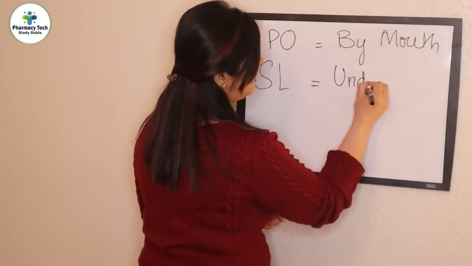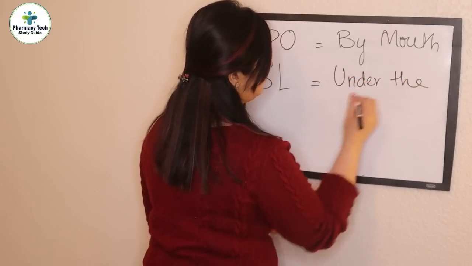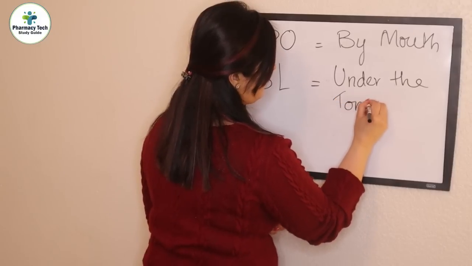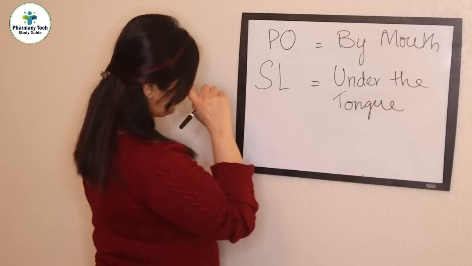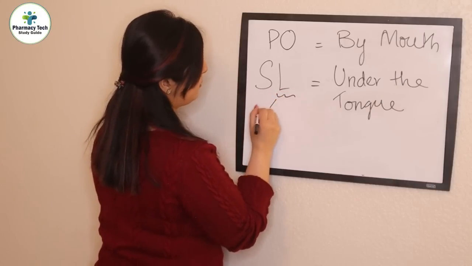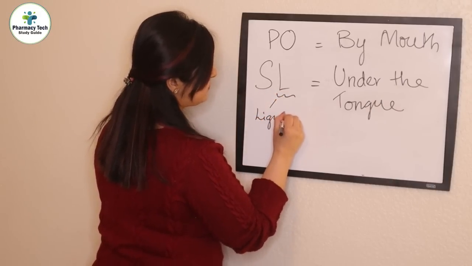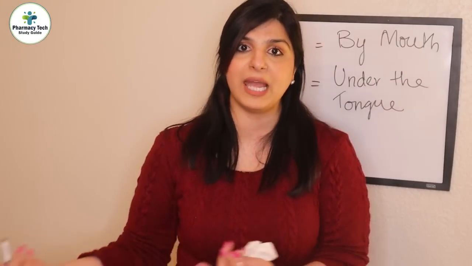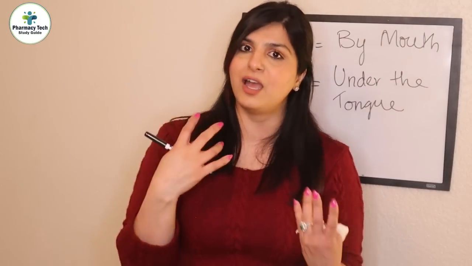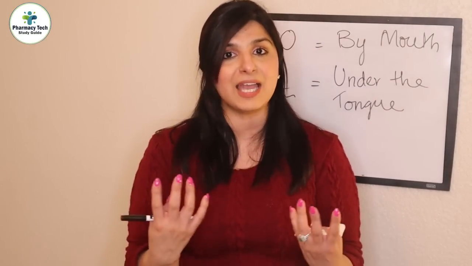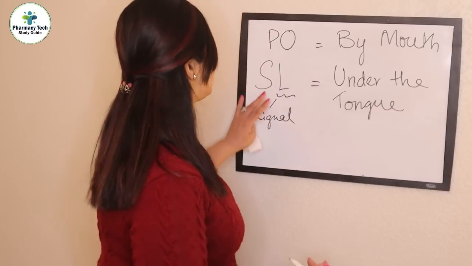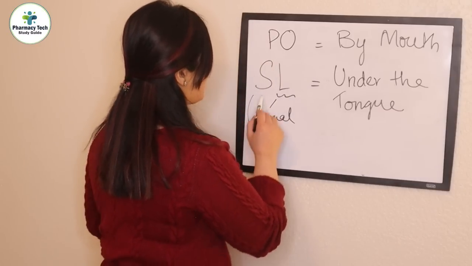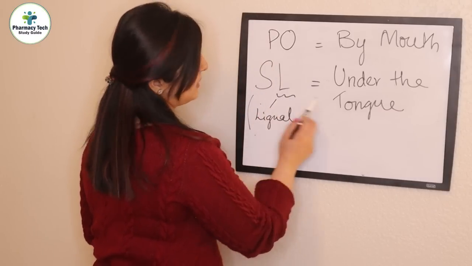Just remember L would be for lingual. And lingual refers to language, and language is with your tongue. You speak any language with your tongue. And sub means under. So SL means under the tongue.